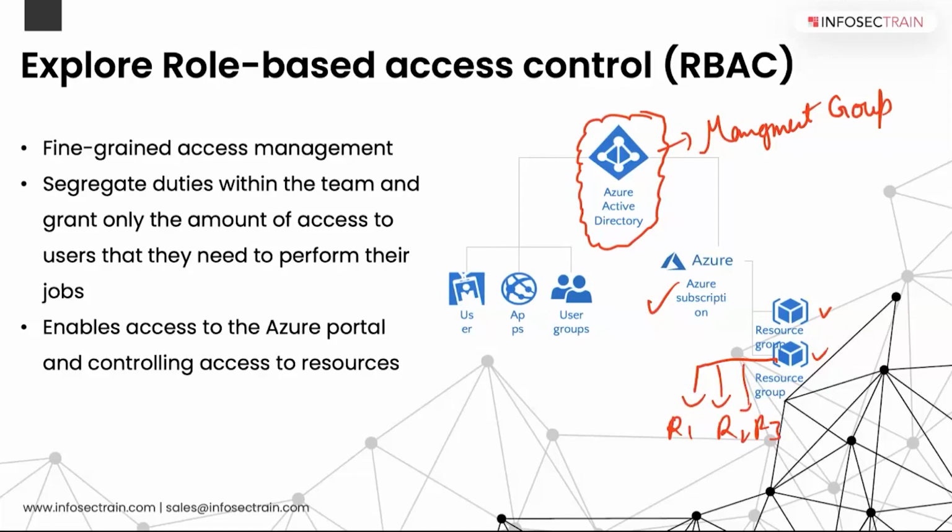So this is that hierarchical architecture. If you apply anything at the top of this food chain or hierarchical group, the roles will automatically be inherited by the resources that are in here.